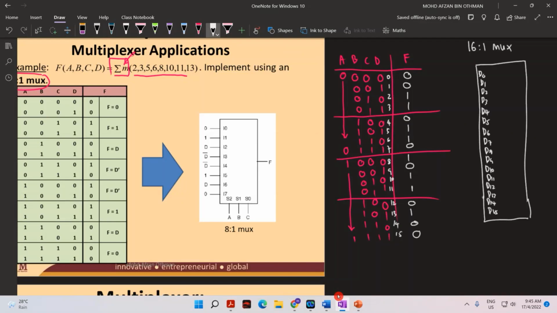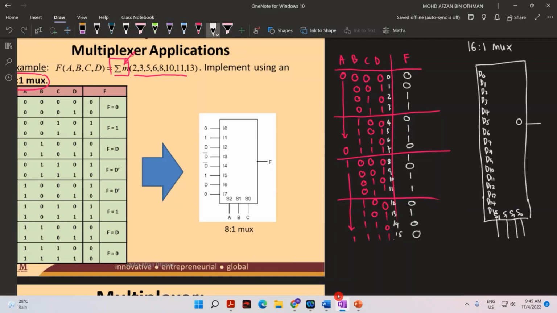Yang ni pun ada 0 sampai 15, so cukuplah nak pakai 16 to 1 mux. Untuk 16 ada berapa selector? Kamu akan ada 4 selectors, di mana S0, S1, S2 dengan S3 dan satu output.